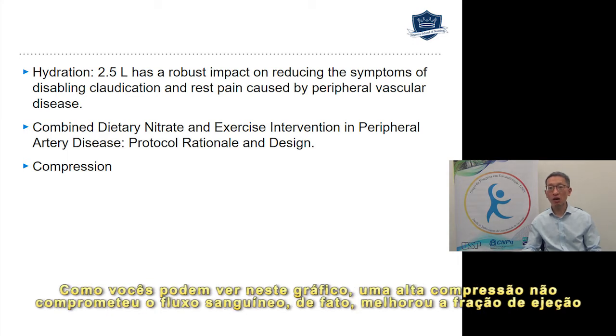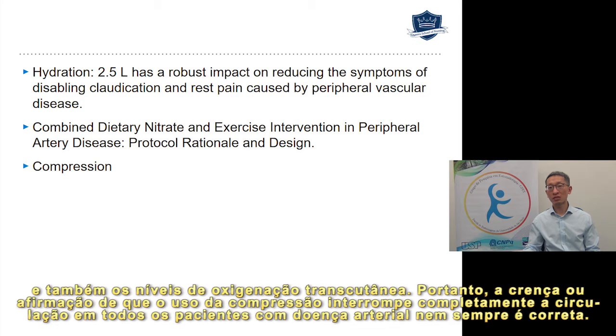As you can see in this graph, high compression did not compromise blood flow. In fact, it improved the ejection fraction and also the transcutaneous oxygenation level. So the belief or the assertion that using compression is going to cut off circulation completely in all patients with arterial disease may not always be correct.